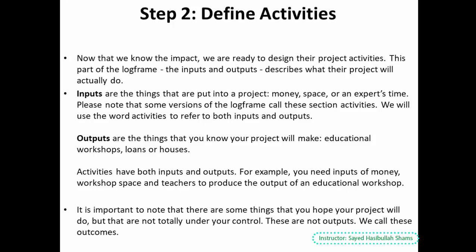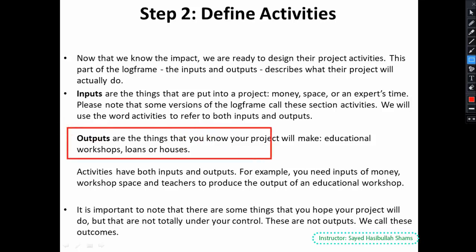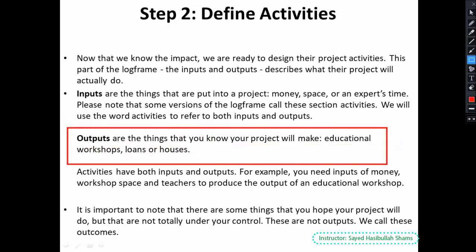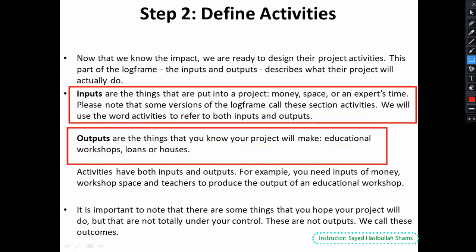And also we have outputs. They are the intermediate results, or the product that we get when we use inputs and have a result. It's called outputs. So in the second step, we must define inputs and outputs.